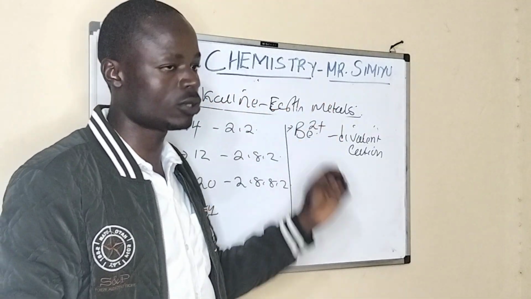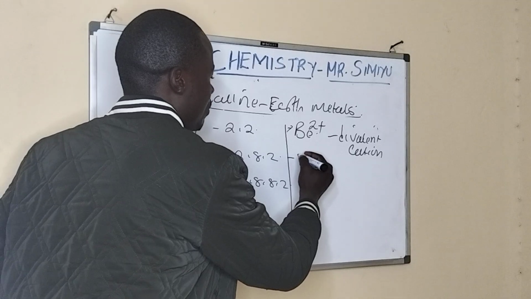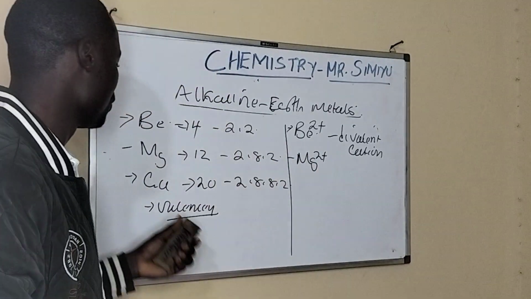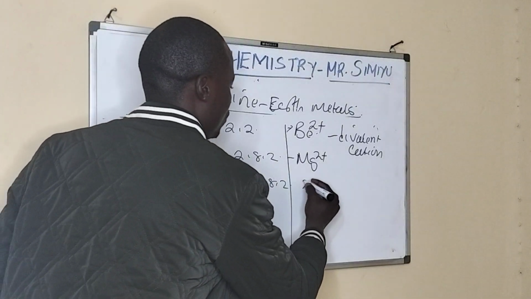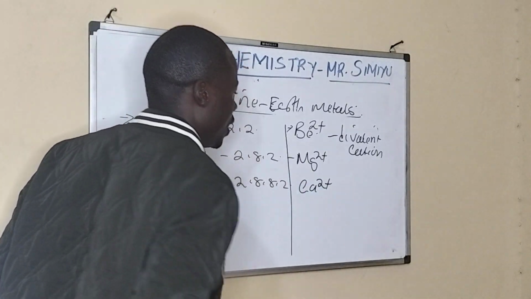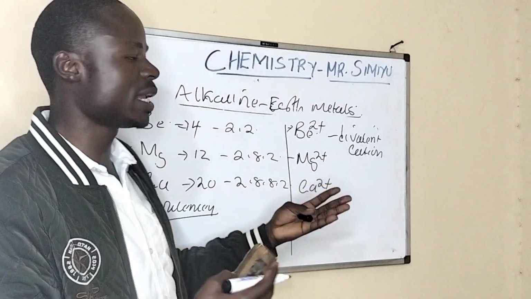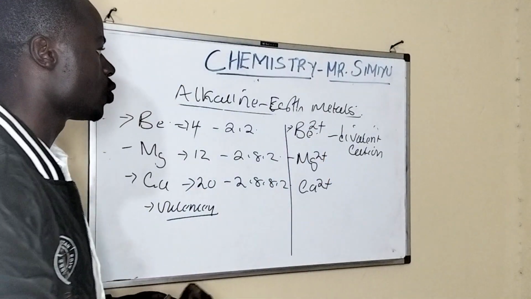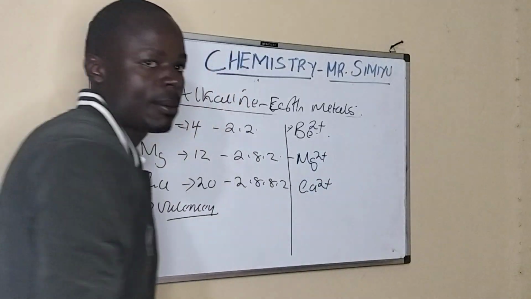We also have magnesium. Magnesium forms an ion by losing 2 electrons. That is forming an ion. Calcium also loses 2 electrons. So you may find that similar characteristics follow according to the valency. Also the oxidation number of these elements is positive 2.